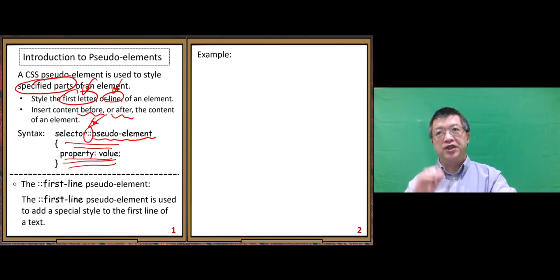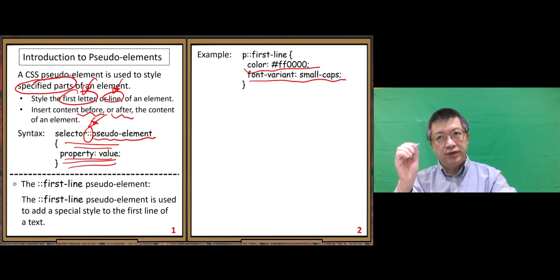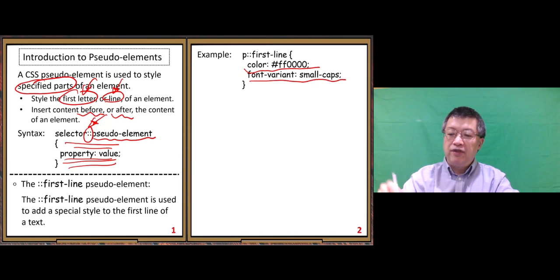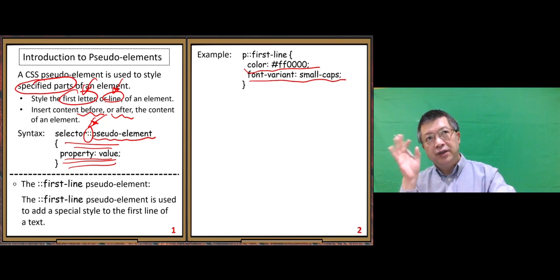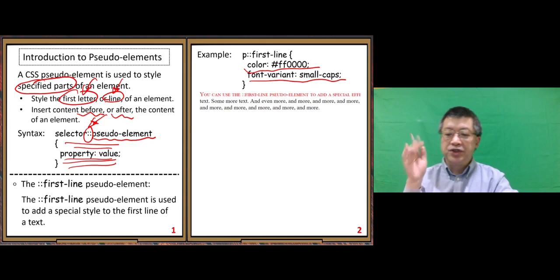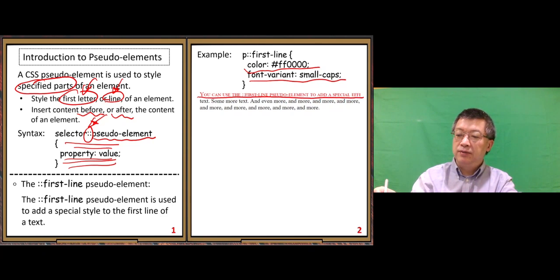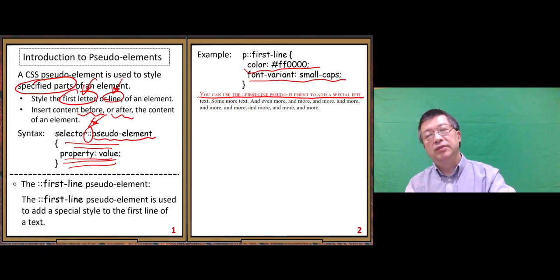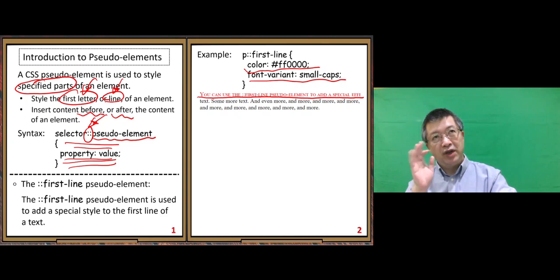In our first example, we want to apply the special styles on the first line. We apply it on content text. So you will see the first line, the special style is applied. That's what it can do using this concept.